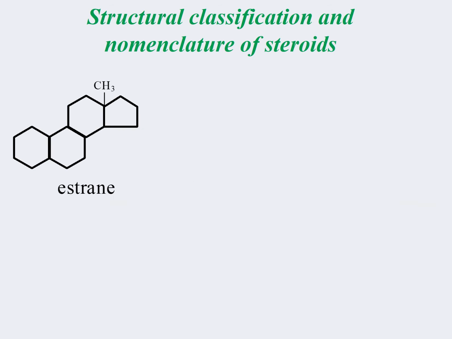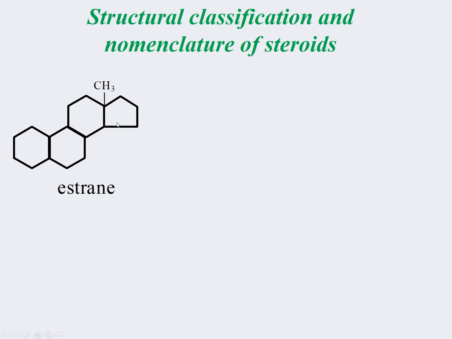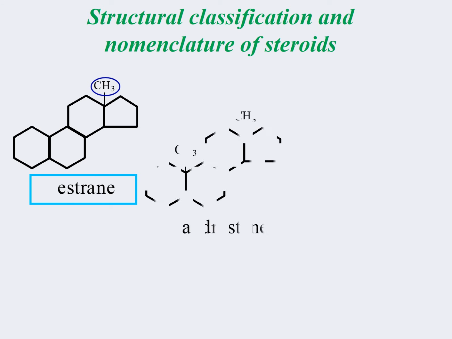We'll start with estrane with the only methyl group. You can see this is the 13th position. This is estrane structure. So if you see a steroid with a carbon-18 parent structure, it will be from the estrane series.